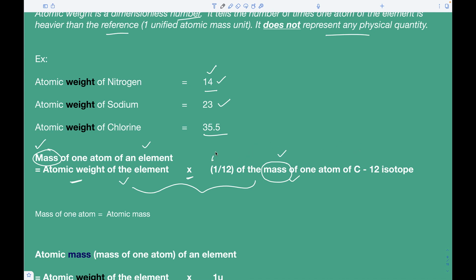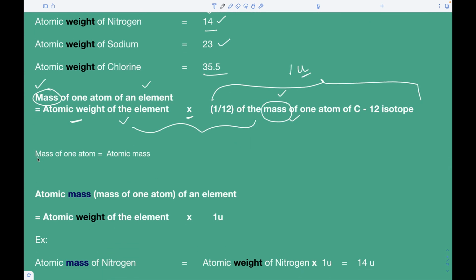And we have a name for this particular amount of mass, that is one unified atomic mass unit. And the symbol for unified atomic mass unit is small u. So, mass of one atom of an element is its atomic weight multiplied with 1 u. And mass of one atom is composed of 4 words, and I am too lazy for 4 words.